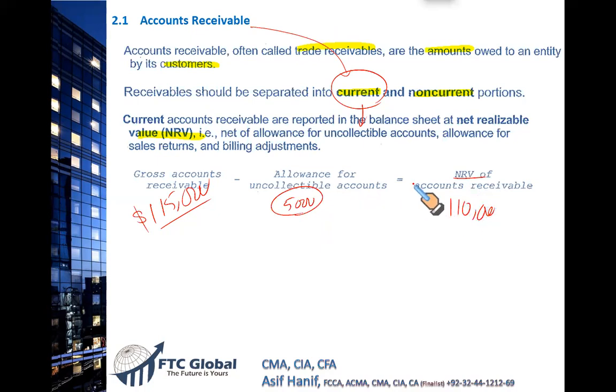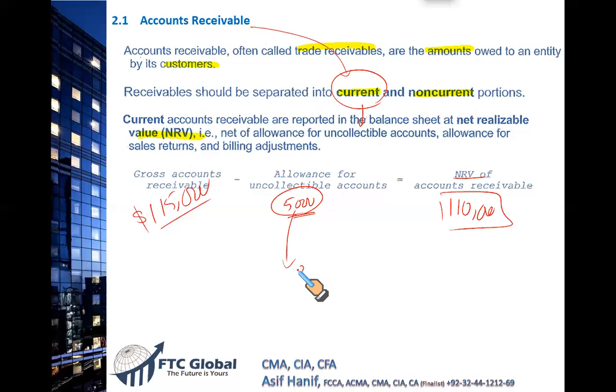So it looks simple. 115 is the gross amount, 5,000 is doubtful. We may not be able to collect, and the net amount is 110. Now the question is, how do we determine this $5,000? How do we calculate? That's the agenda.